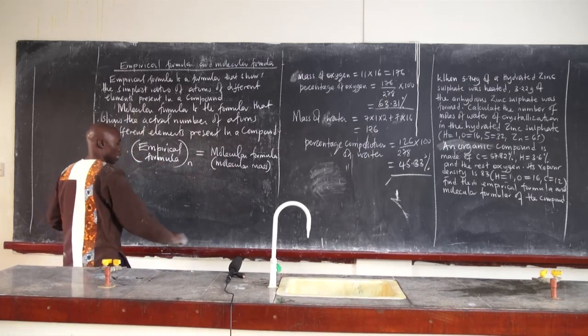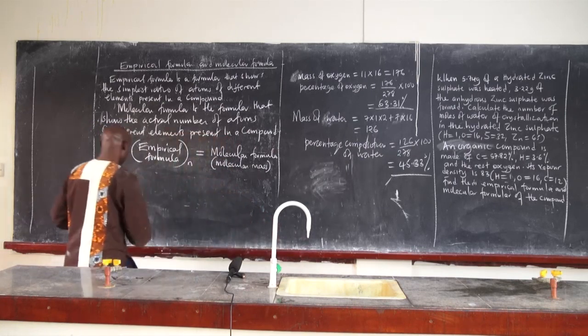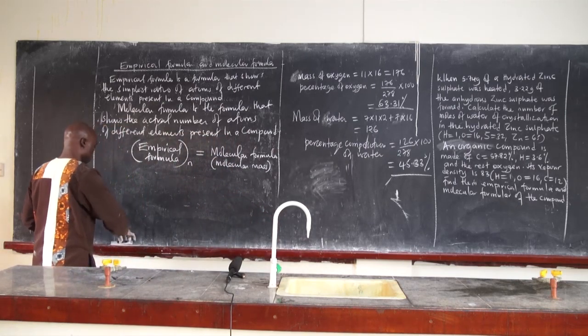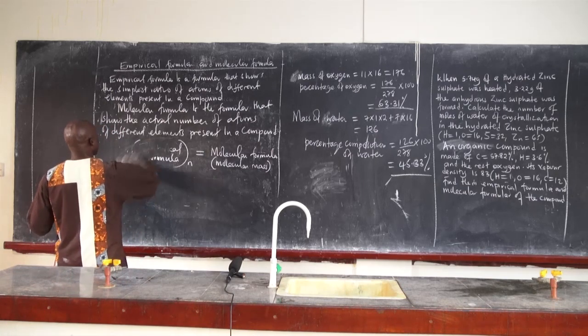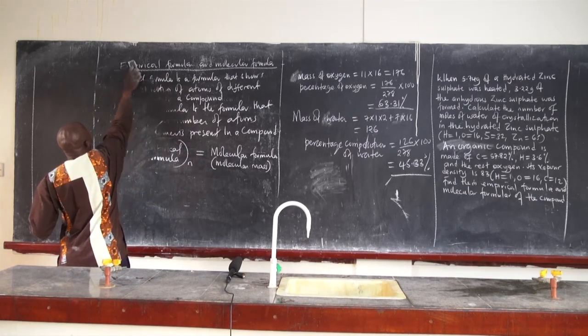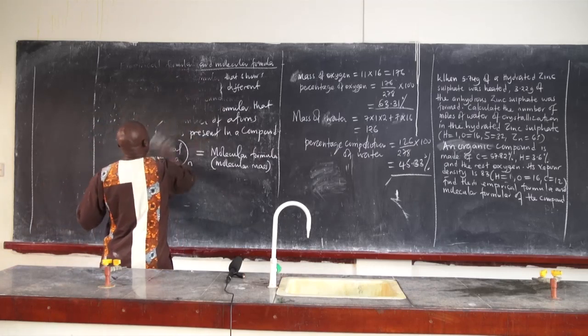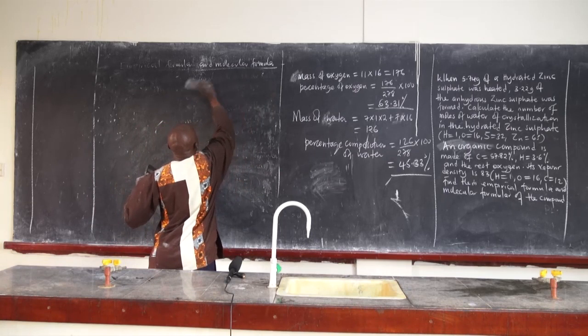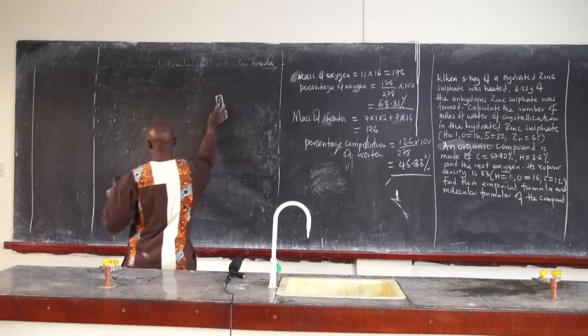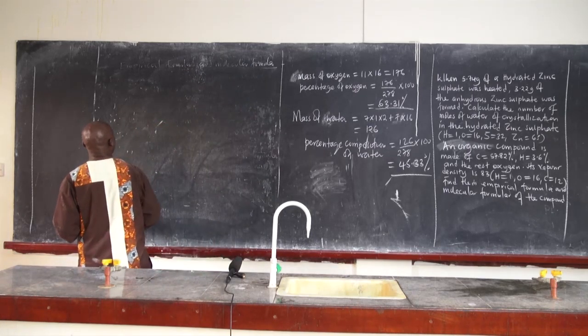So let's now dive into an example. How do you get empirical formulas of different compounds and their molecular formulas? I want you to keep note that molecular mass is equal to vapor density times 2.